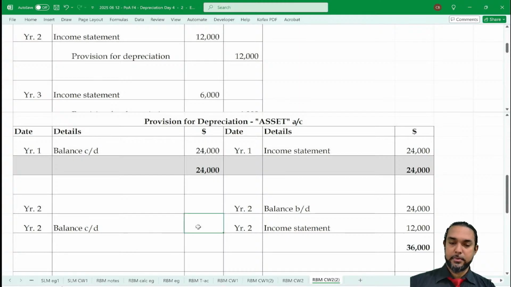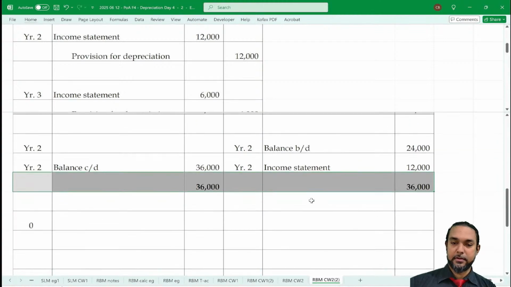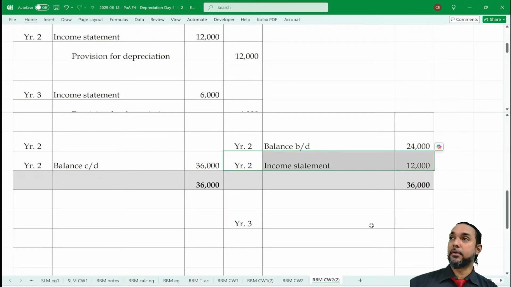So the balance would be equal to 36. I'll put a little gray here. And then in the final year, we bring down the 36 here, and then charge the last year's depreciation.